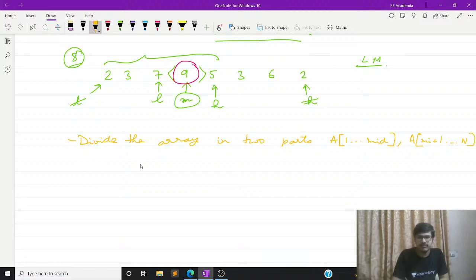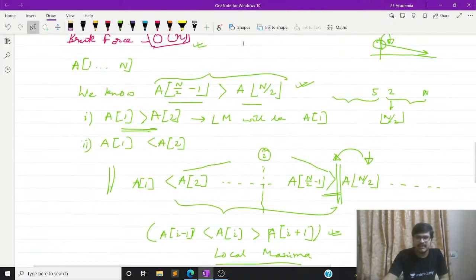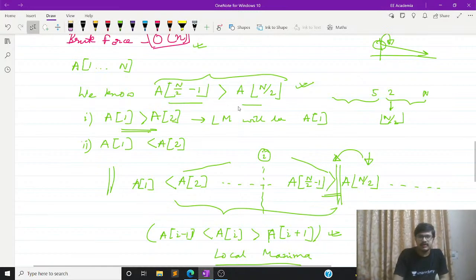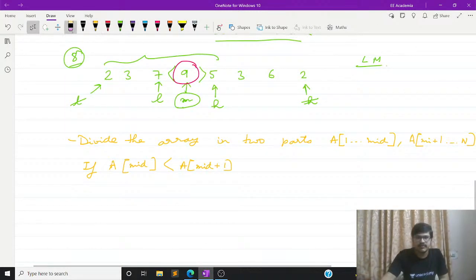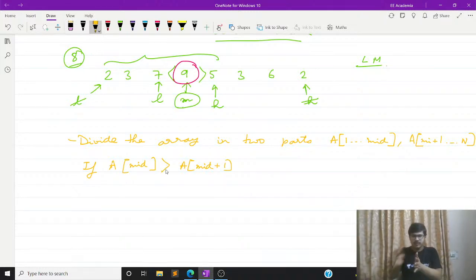Now check if A of mid is less than A of mid plus 1. I will just write reverse here, or maybe you can write greater also, no issues. Since we looked at that, if A of mid is greater than the mid plus 1 element, that means there is a maxima in the left half.